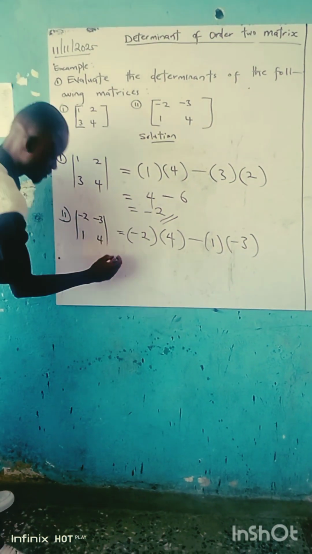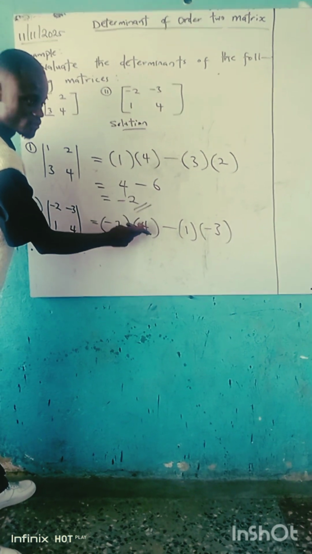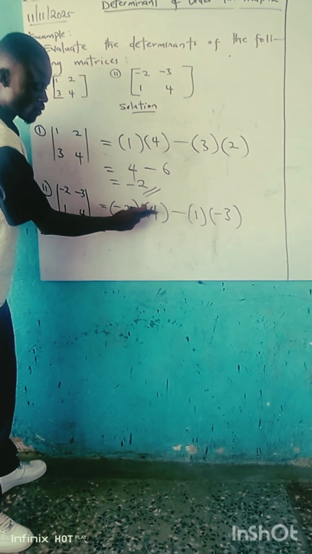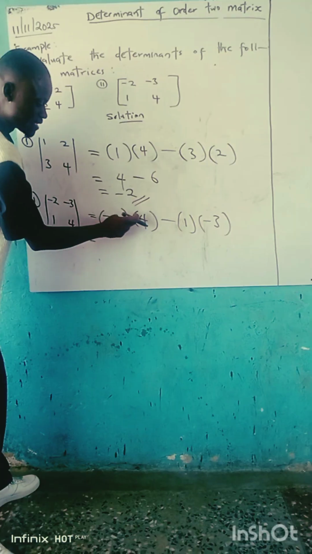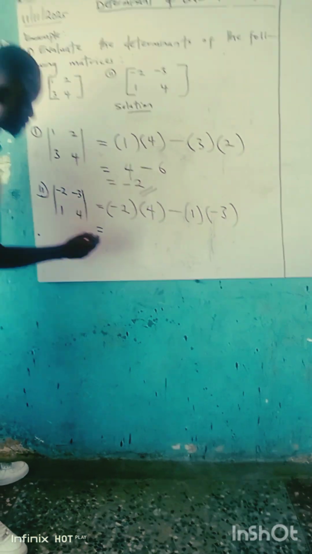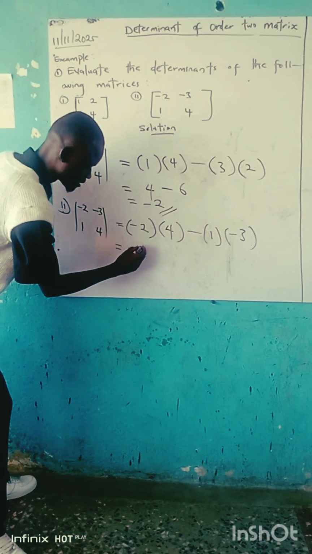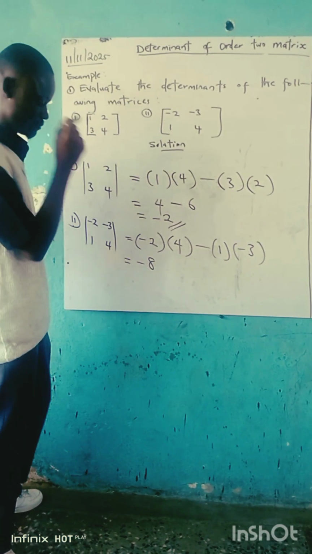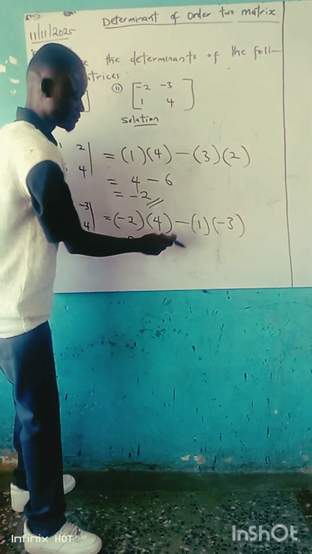If we do this correctly, we are going to have minus 2 times 4. Now remember, this 4 that doesn't have anything means it's a positive 4. So minus times plus is what? You have minus. 2 times 4 is 8. That simply means minus 8.